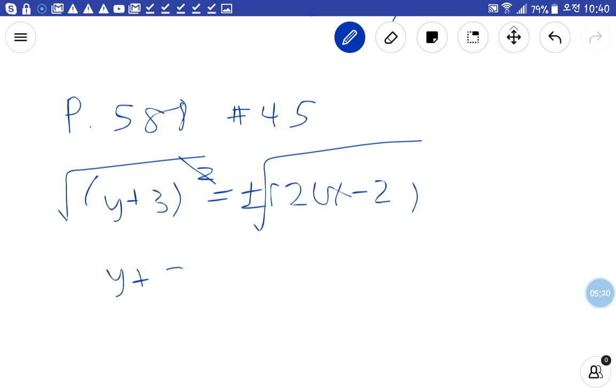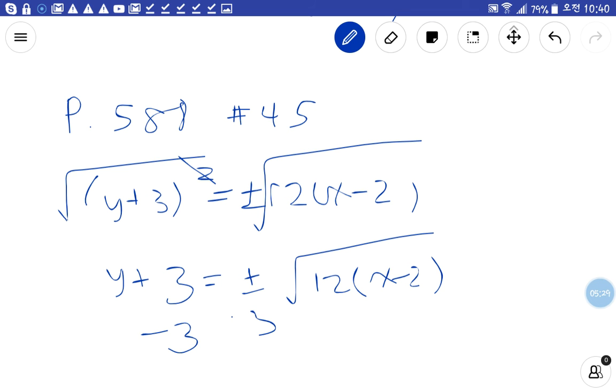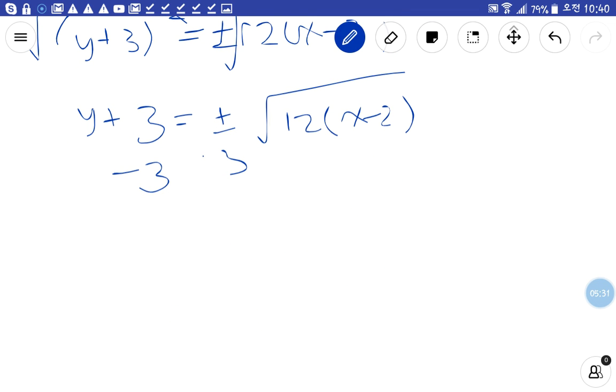y + 3 equals plus or negative the square root of 12(x - 2). Now what? Minus 3 each side. You will have y equals minus 3 plus or negative the square root of 12(x - 2).